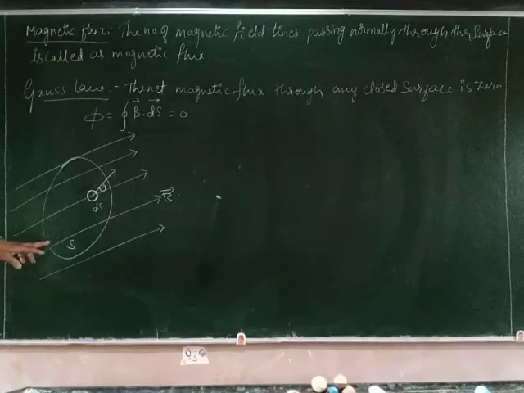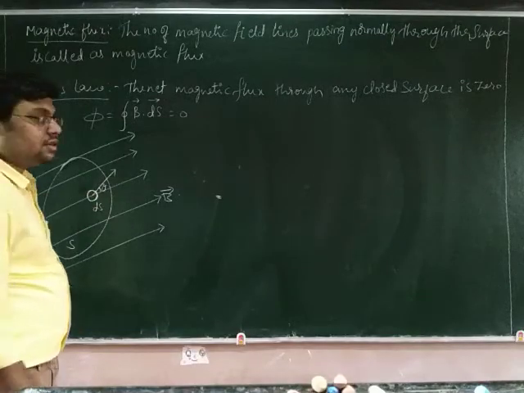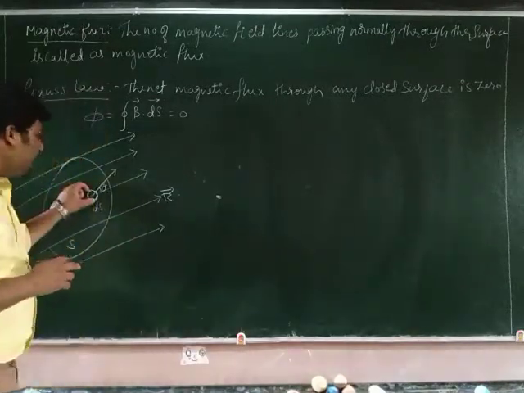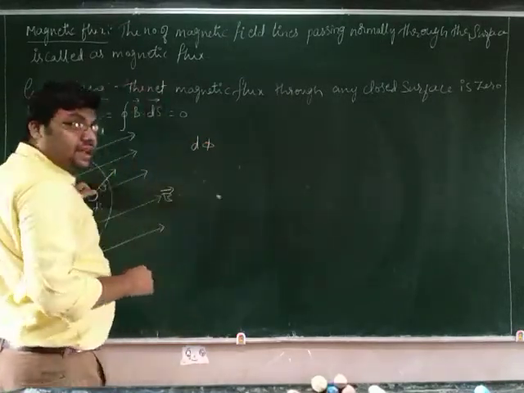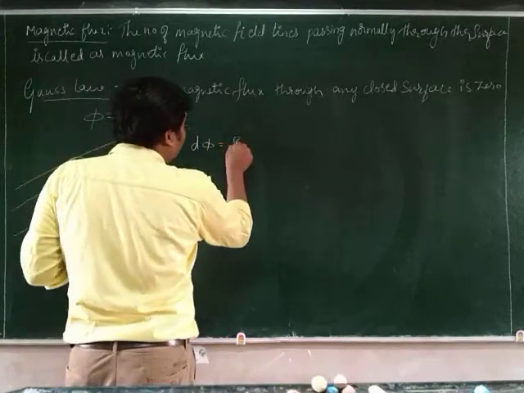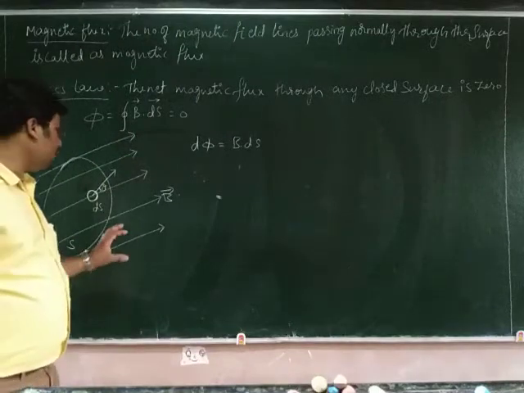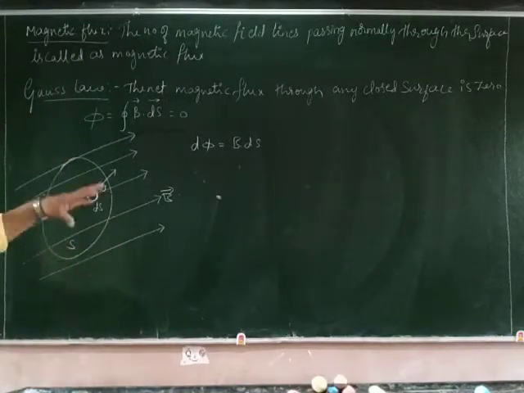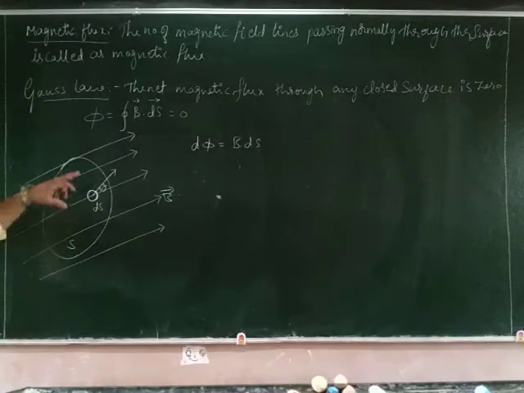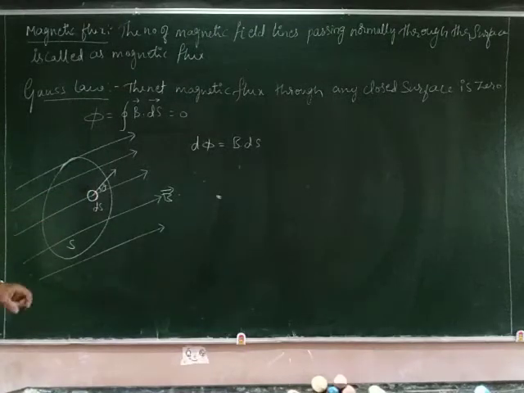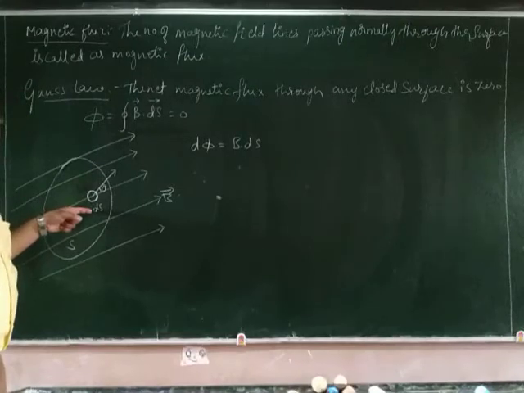So now the magnetic flux through this area element dS, I'll consider as a small magnetic flux d phi, which is equal to B into area, that is B dS. Now what will be the total magnetic flux through this closed surface? This entire surface is made up of a number of small area elements like dS.